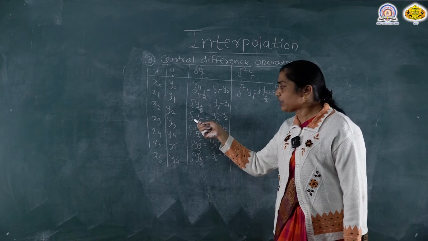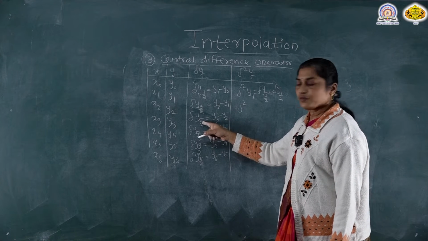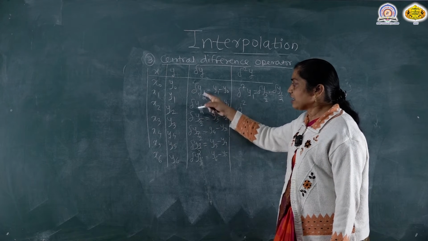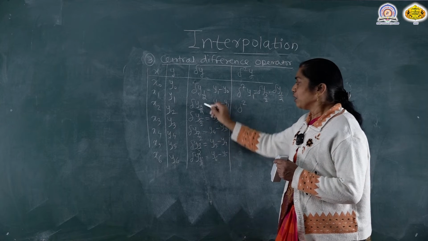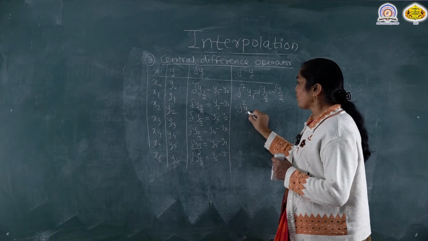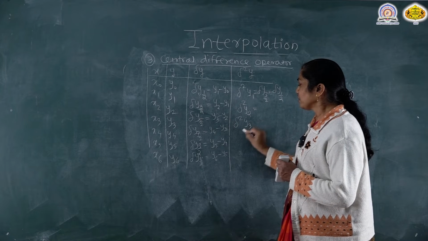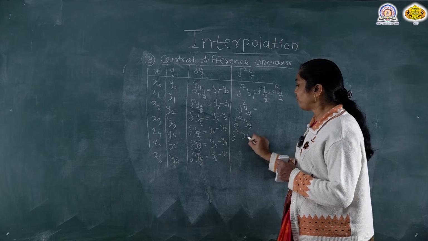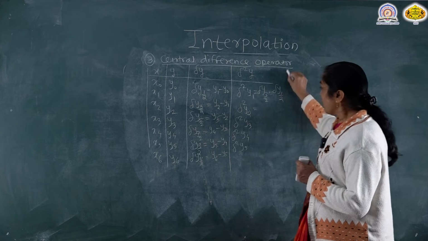Every time we subtract from below the above, so we will get the next entry. This is delta square of y1. If you continue this, we will get delta square of y2, then delta square of y3, delta square of y4 and delta square of y5.